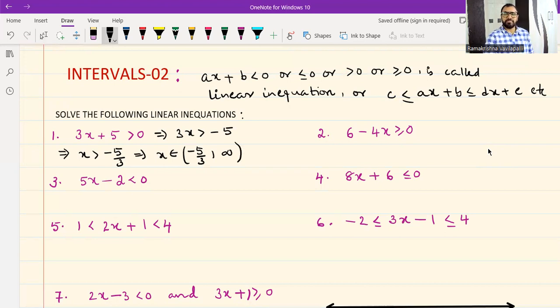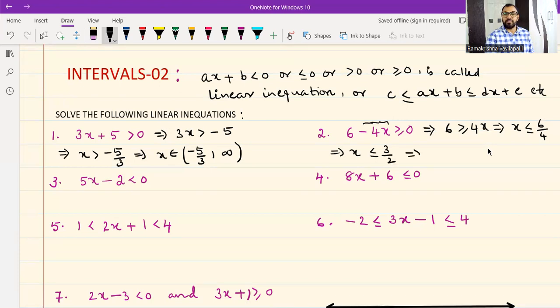Coming to the second question, 6 minus 4x greater than or equal to 0. This implies, send the minus 4x to that side. So 6 greater than or equal to 4x. Now divide by 4. So I'll write x less than or equal to 6 by 4. This implies x less than or equal to 3 by 2.